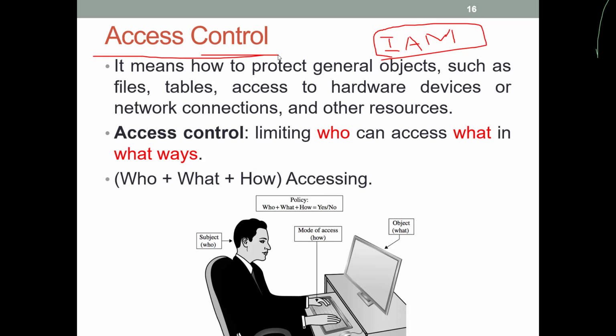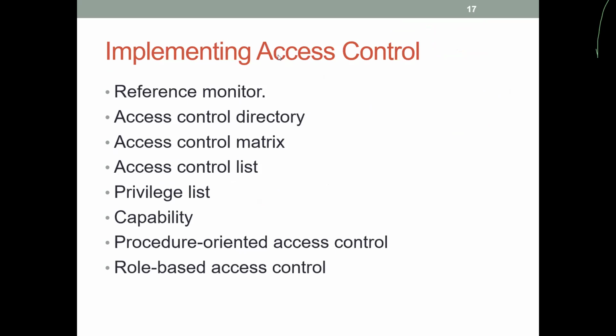So likewise, the medium to access the system we can call access control. If you decide who can access, what can access, how can access, that is what we call access control. So these are the different techniques we will implement the access control.